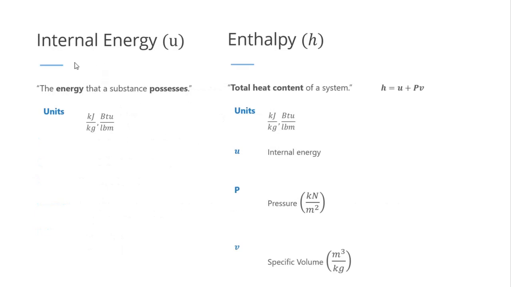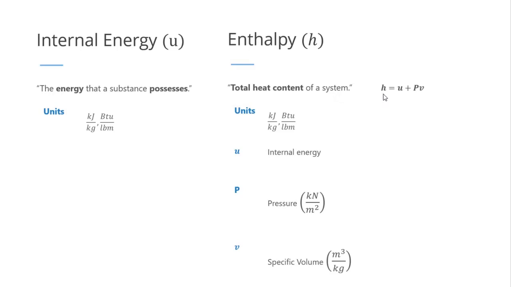Next, we have internal energy, or U, or the energy that a substance possesses. Units are kilojoule per kilogram or BTU per pound mass. Lastly, enthalpy H, or the total heat content of a system.